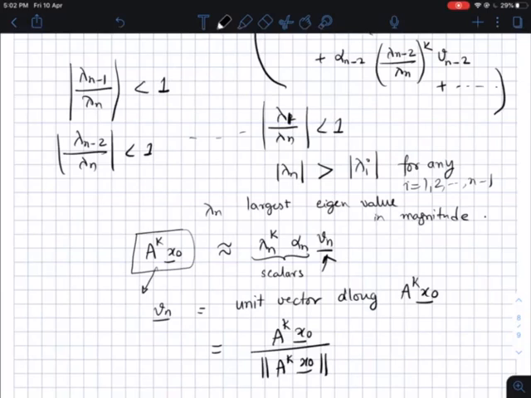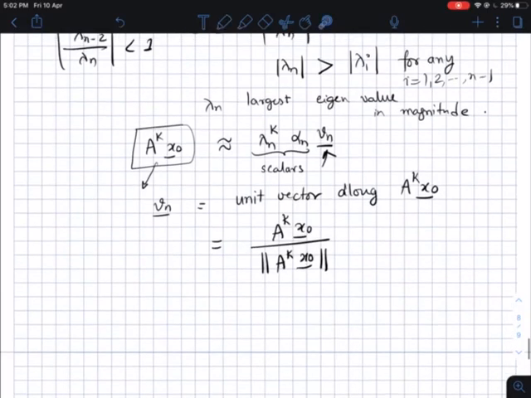It actually tells you how to find Vn. Once you find Vn, can you guess how to find lambda n? How do you find lambda n once you know Vn? We'll just do Vn transpose A Vn. You simply find the corresponding quadratic form, and that will allow you to compute lambda n.